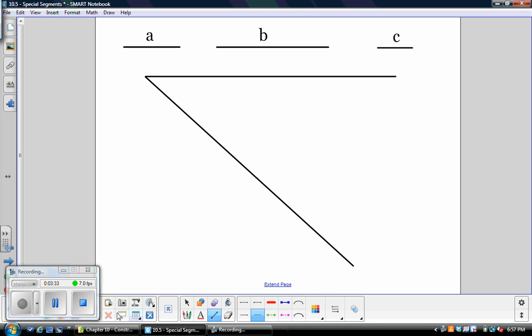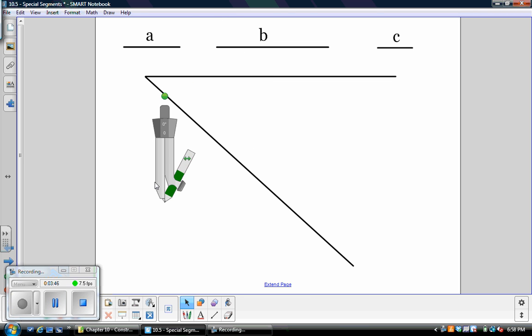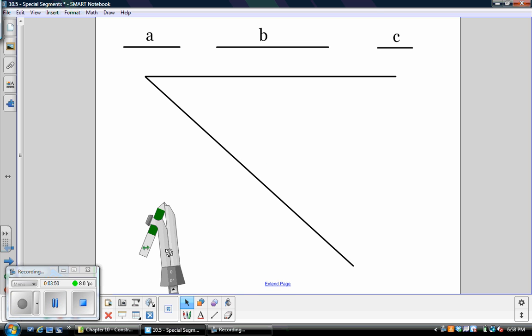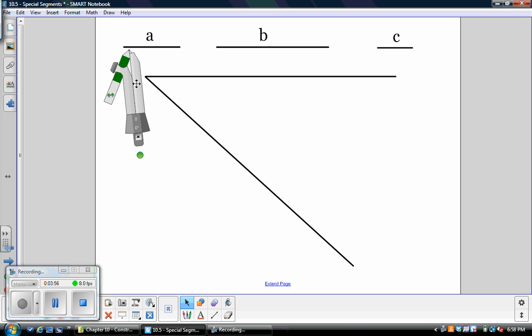Now, you use your compass. And what you're going to do is you're going to use your compass to measure the length of A. So put the stationary part there.